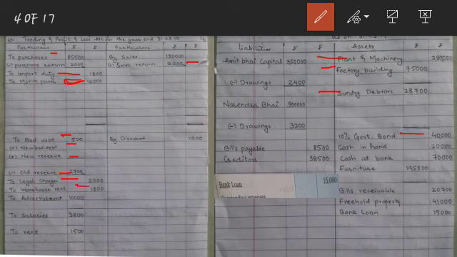Cash in hand and cash at bank are both our assets, so go to asset side and write it down. Advertisement is our expense, office expense, and we have adjustment on it, so write this advertisement here to the debit side of profit and loss account in the inner column, leaving a line for it. After it, salaries debit side of profit and loss account, leaving a line for adjustment. Then rent, the same, debit side of profit and loss account in the inner column.